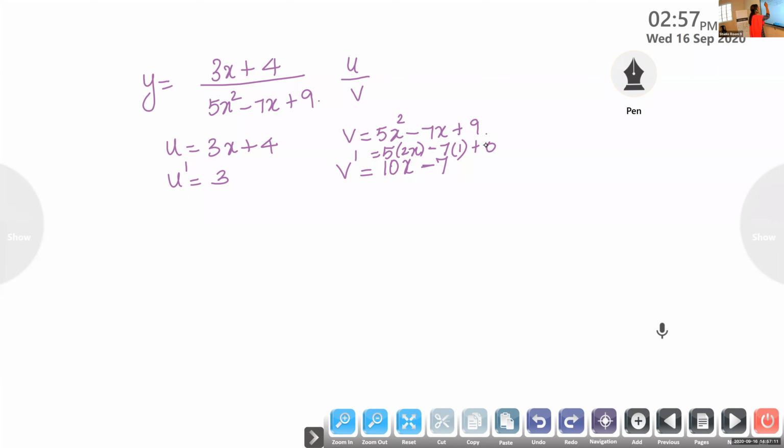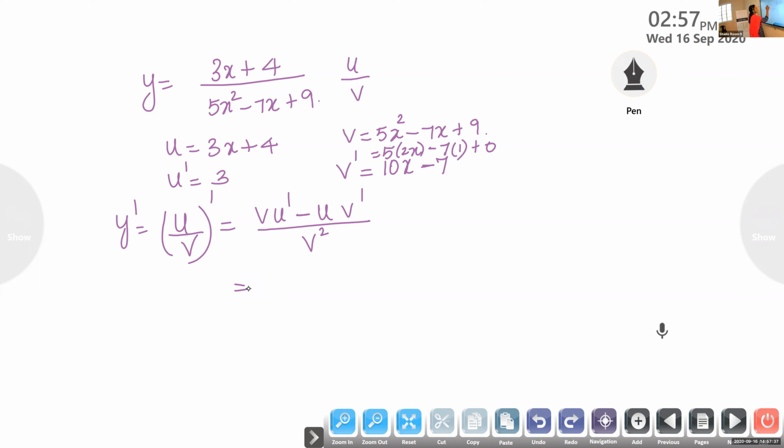Now write the quotient rule. What is u by v the whole dash? Y dash is same as u by v the whole dash, which is v into u dash minus u into v dash, by v square. What is v here? Apply the value.